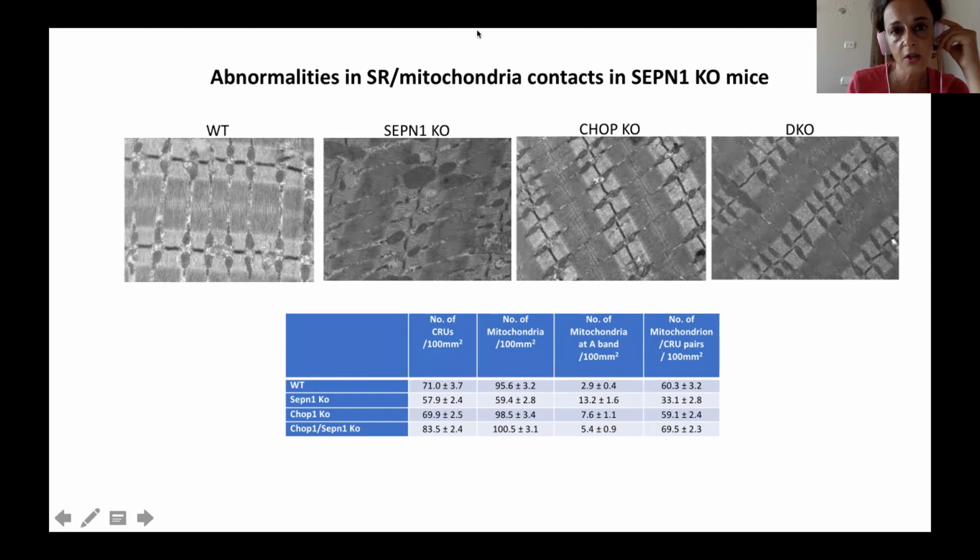I wanted to show you this to say that we started saying there is a stress of the endoplasmic reticulum in this disease, and clearly it's true. But the main issue is this phenotype at the level of the mitochondria.